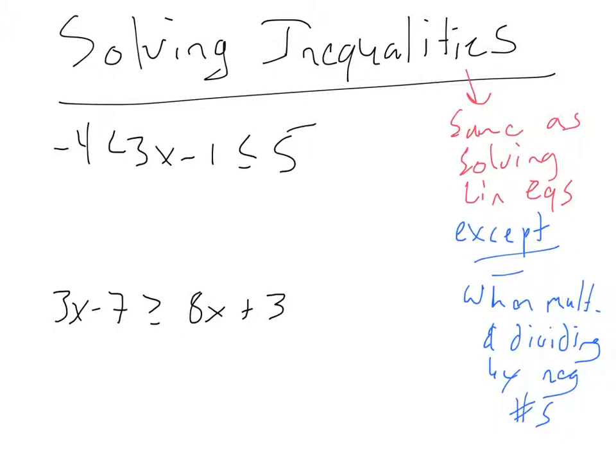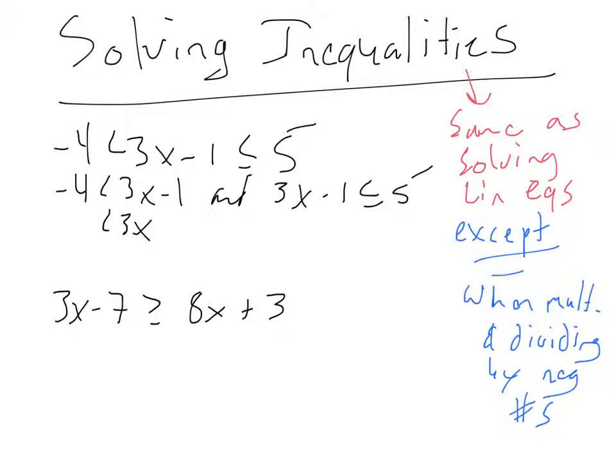The first one, I think the best way to do it, you can do it by keeping it together, but you're less likely to make a mistake if you break it apart into two separate inequalities first. So that's what I always recommend doing. So write it like this, and 3x minus 1 is less than or equal to 5. And so you'll end up getting that 3x is greater than negative 3, and so x is greater than negative 1.